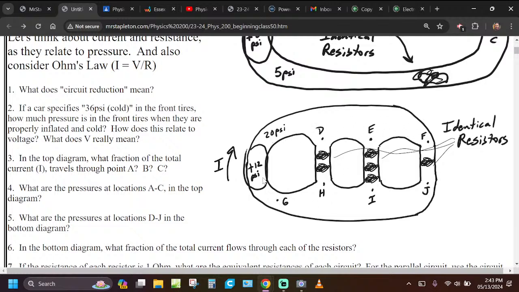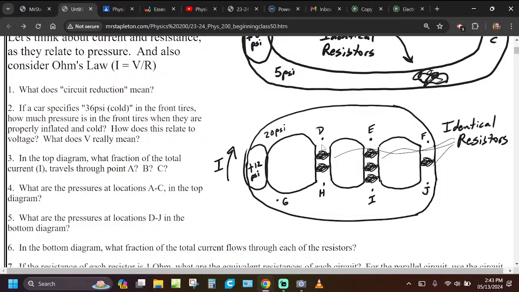So if the pressure is 20 psi right here, what's it going to be all through here? 20 psi. And if this gives a voltage of 12 psi, what that means is the pressure over here is 8. And the voltage is the difference between these two. So we've got 20 psi all around over here, and we've got 8 psi all over here. And this pump increases the pressure by 12 psi.